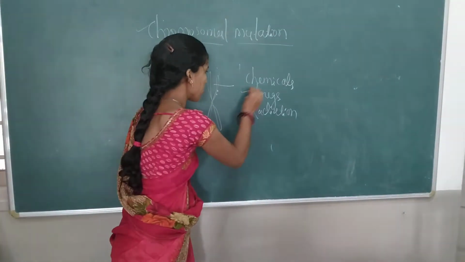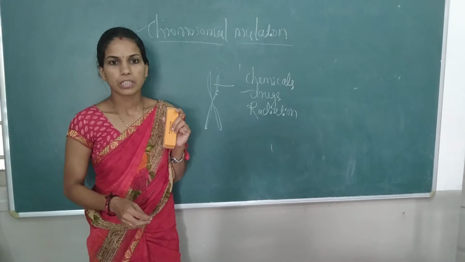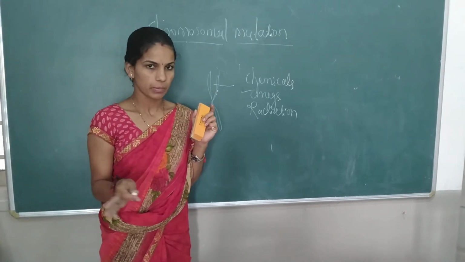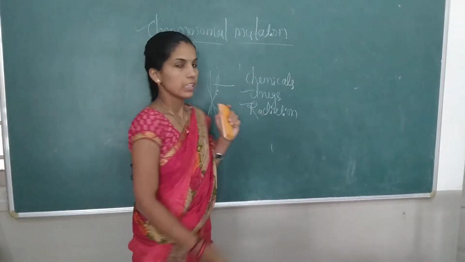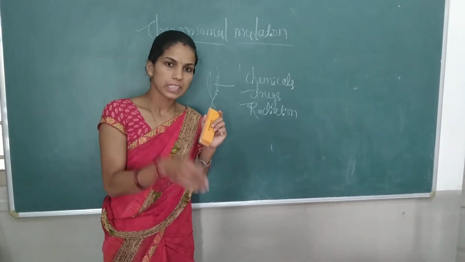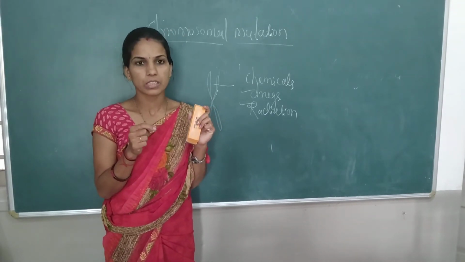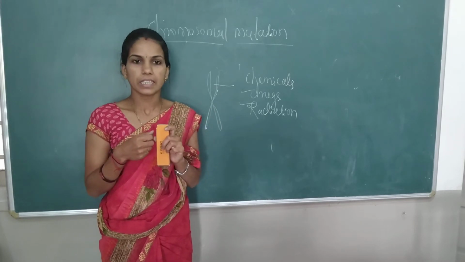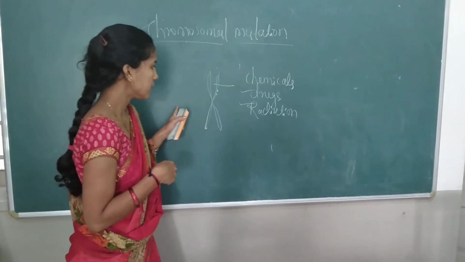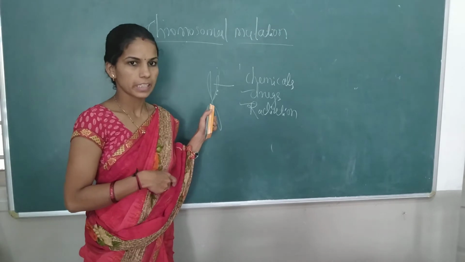Due to different drugs, loss of a segment takes place. Radiation, like UV radiation, directly enters the cell and affects the DNA. Then deletion of the chromosome takes place.